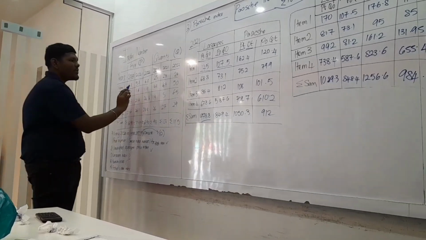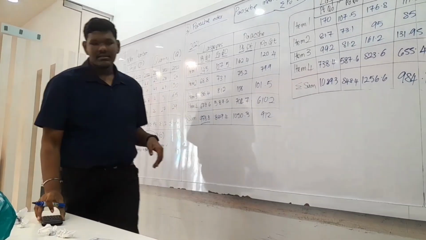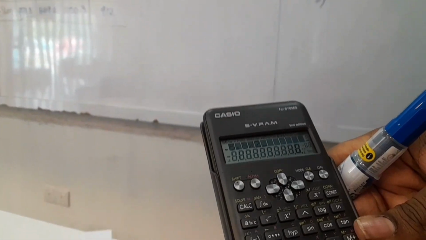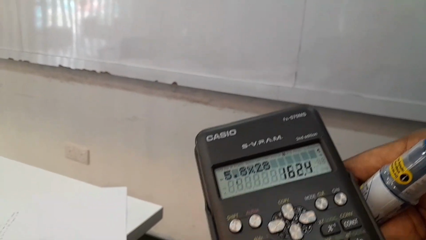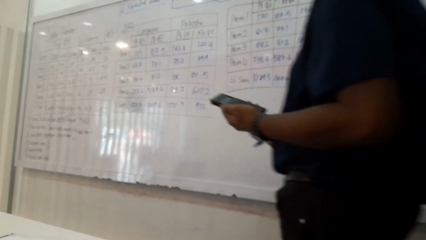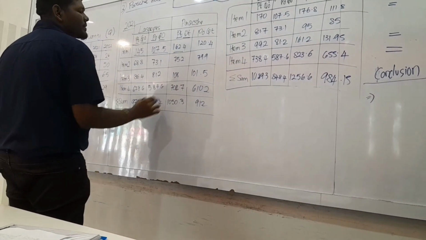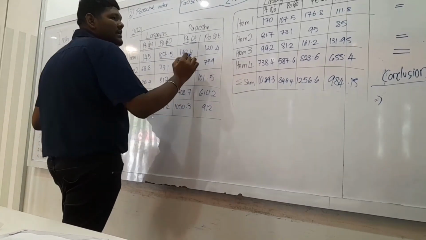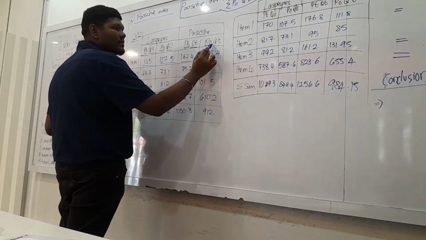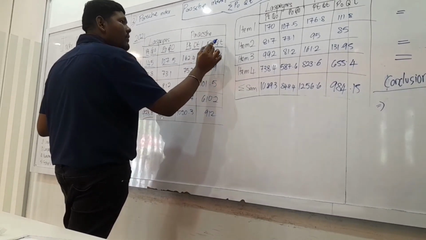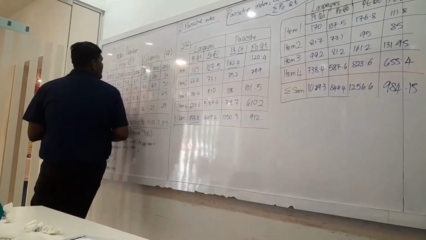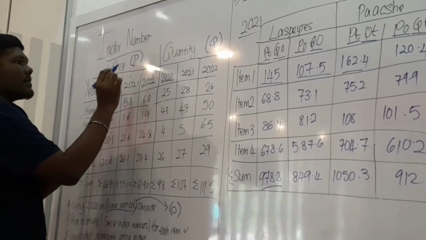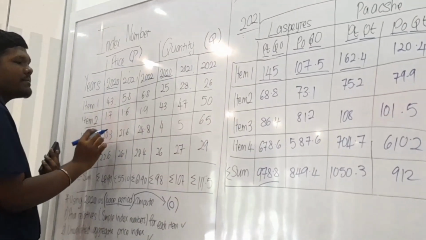That means 5.8 times 28. So let's see, 5.8 times 28 equals 162.4. Do the same, and at the end total it all. Let's see for P0 and Qn. 0 stands for base year, and which is the base year? 2020.